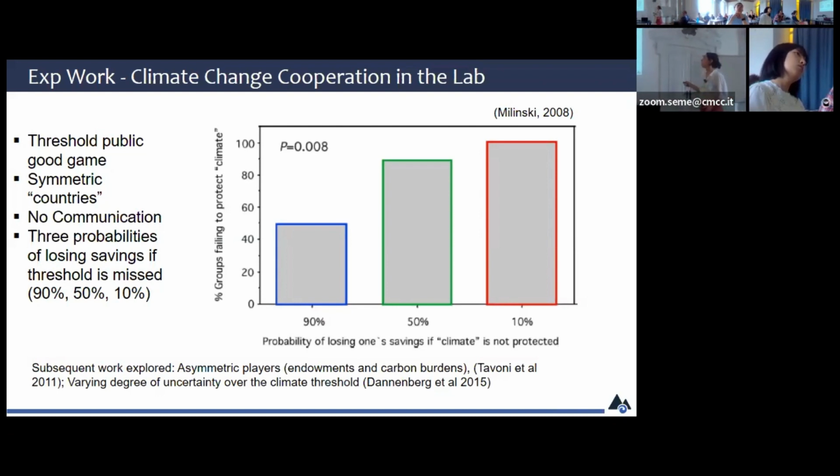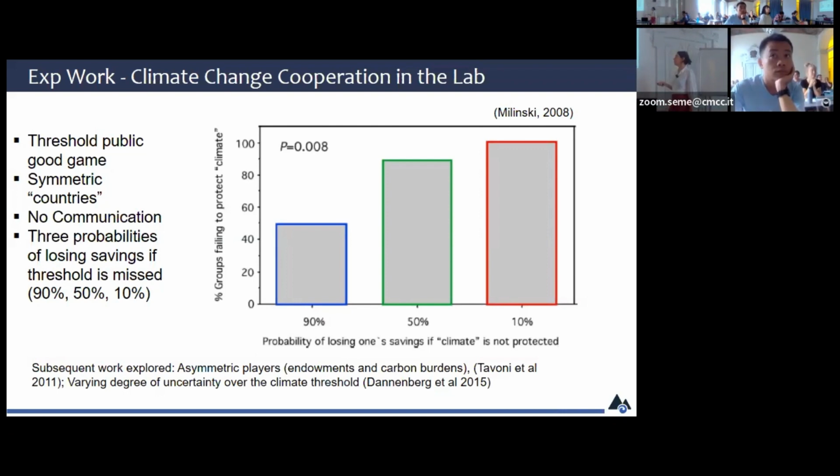But if the probability of losing everything decreases, say the probability of having the shutdown of the thermohaline circulation is very, very far, and I don't trust it, etc., the number of groups failing to protect the climate goes basically up to 100%. So how likely it is that this extreme event happens obviously influences how much I'm willing to cooperate with this threshold public good game. That is one of the ways that climate change has been tested in the lab.